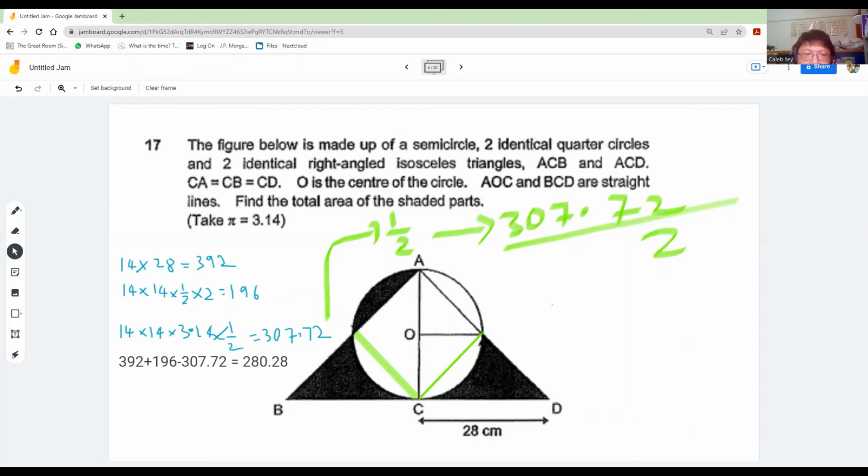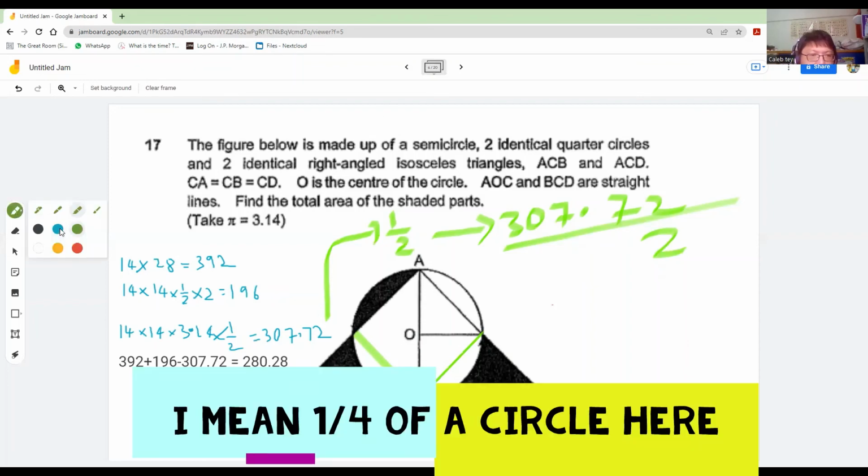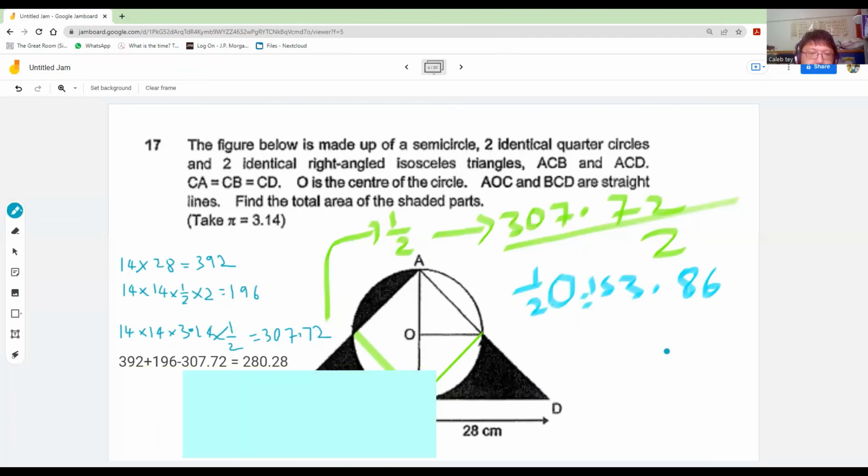We get 153.86. And what is this? This is one quarter circle. Now, that's very good. We found all this already. All we want to do now is just to remove the triangle and we are done.